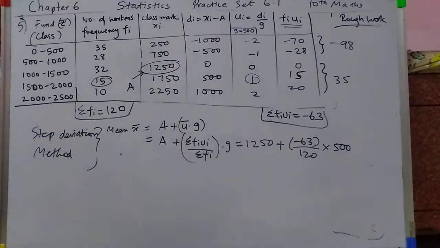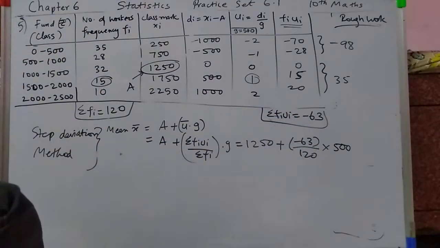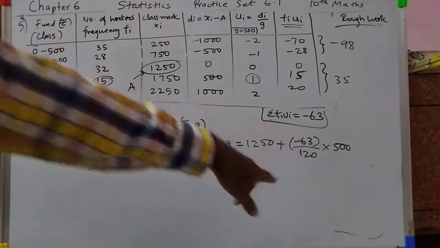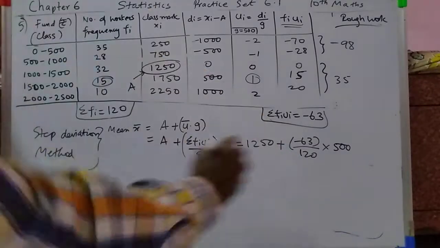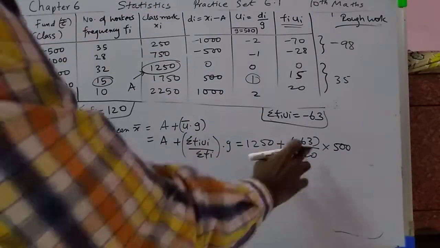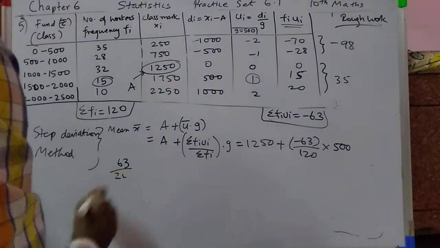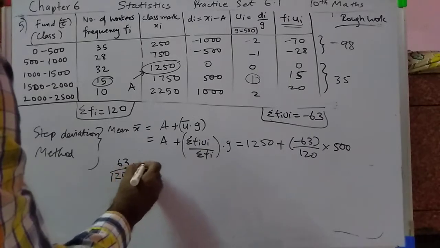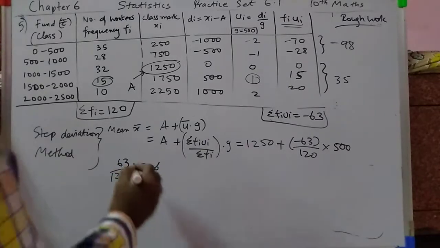Okay, we got this. Now we have to calculate this. That's all. I'll calculate this separately. So forget this minus. Take the 63 upon 120 into 500. The zeros cancel.